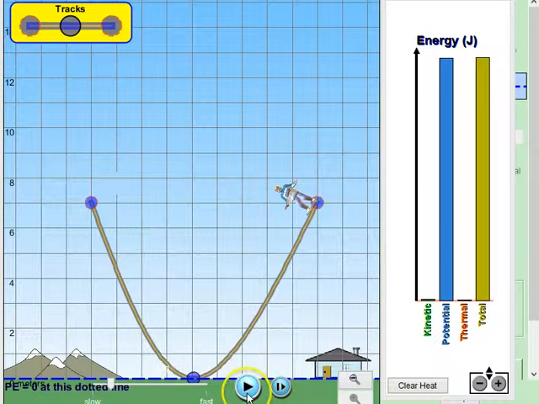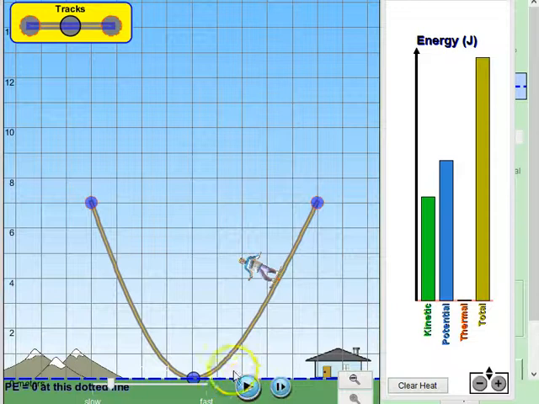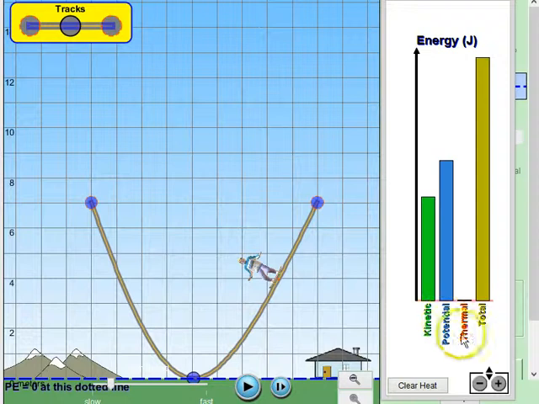Let's press play again and pause at a random point between B and C. And there you go. Let's call this point D. So at this point, let's look at the kinetic and potential energy bars. Clearly, he has some downward velocity at this point, and hence he has kinetic energy.